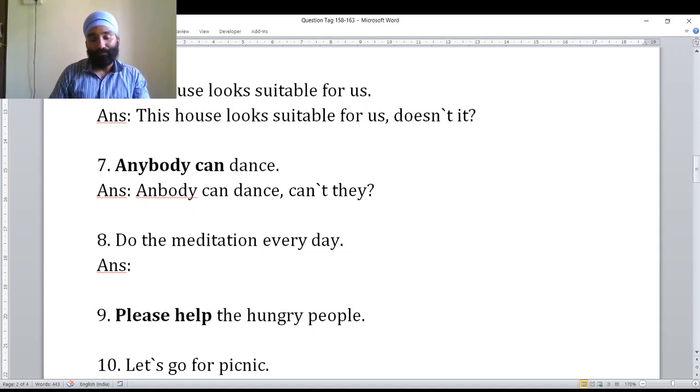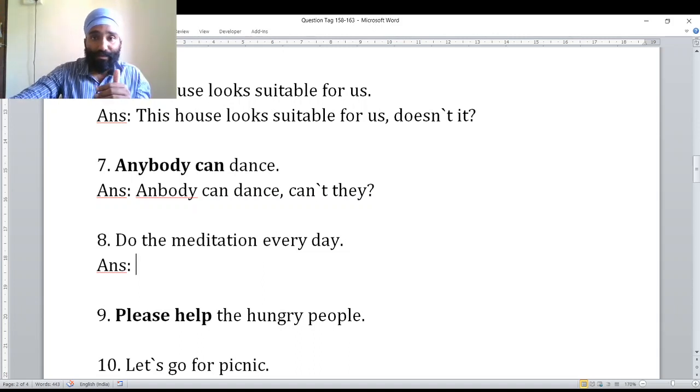Here no subject is given in the imperative sentence, and you know very well that an imperative sentence is an order or a request. So the subject is you, meaning the listener is the subject of the imperative sentence. Do the meditation every day means you do the meditation every day.